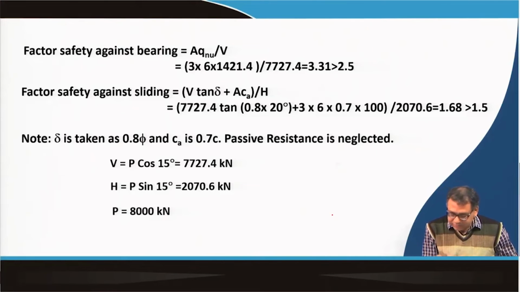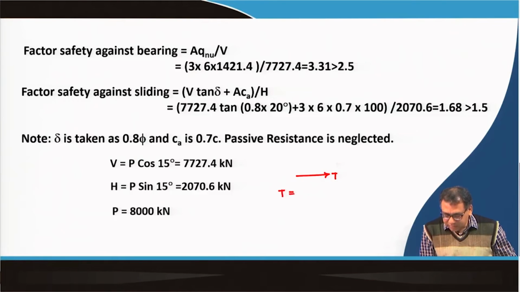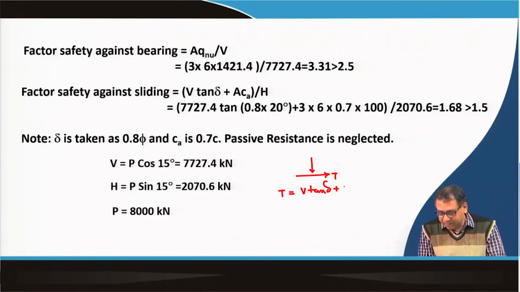As I mentioned, this is T, the shear resistance that the foundation and the base soil give, which is the vertical component V into tan delta plus the effective area into the cohesion adhesion C_a.